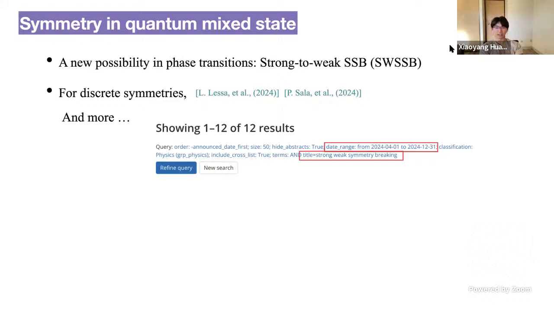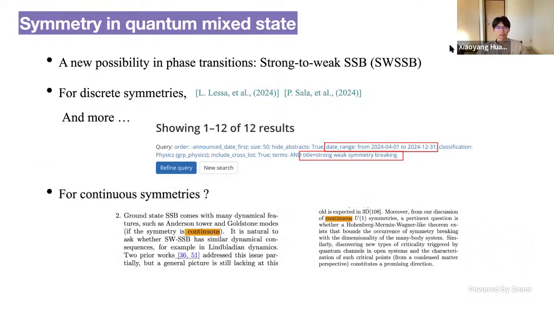But I did a search on arXiv with titles that include these keywords, strong-weak symmetry breaking, and in the past 6 months there are like 12 papers talking about this. On average, that's about 2 papers each month. So you can see it's a really interesting topic, people are interested in it, and many efforts have been put into this field.